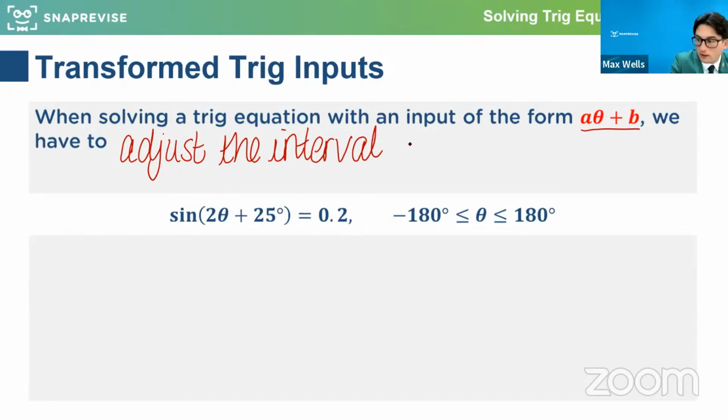Yes, from the original equation. So this is positive, isn't it? This is where cosine, sine is positive. Good question. So adjust the interval before using the inverse function.